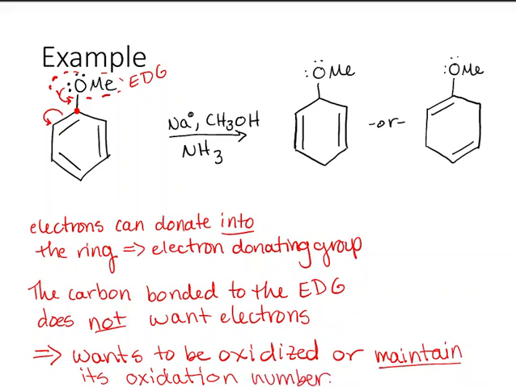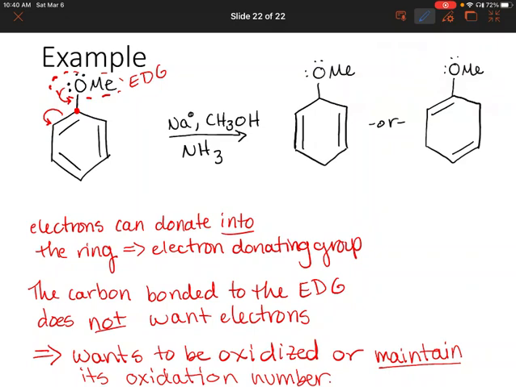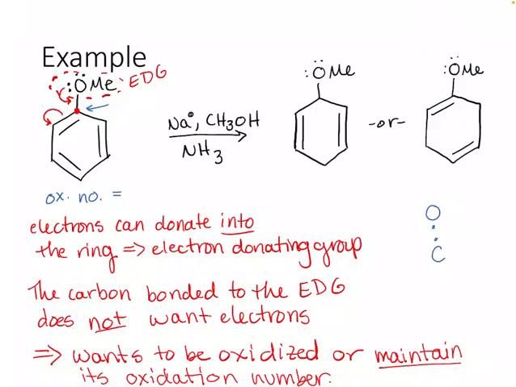Okay, so let's figure out what the oxidation number of that carbon is. So this time, the carbon that we're referring to is bonded to an oxygen up above. And then it's bonded to a carbon off to the right and double bonded to a carbon off to the left.